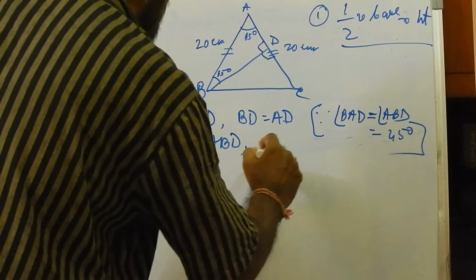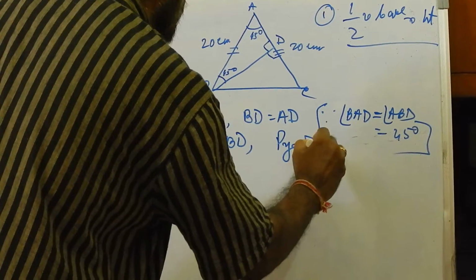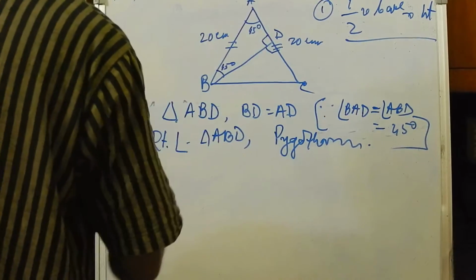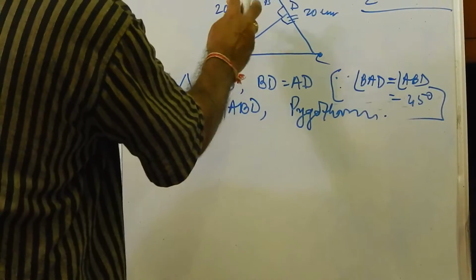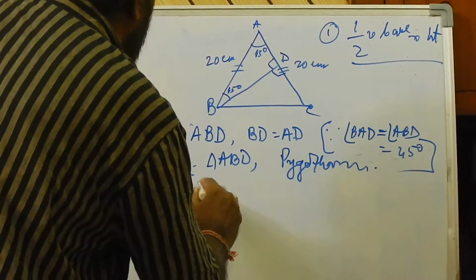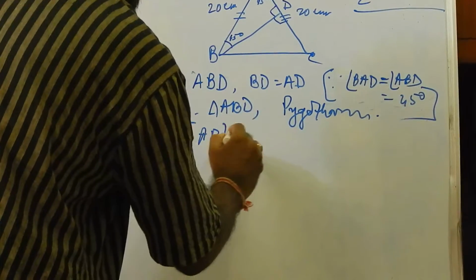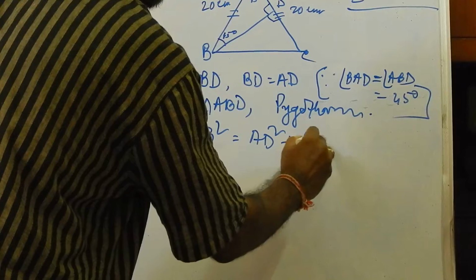So applying the Pythagoras theorem, we get here AB is the hypotenuse, because the hypotenuse is opposite to the 90 degree angle. So AB square equals AD square plus BD square.